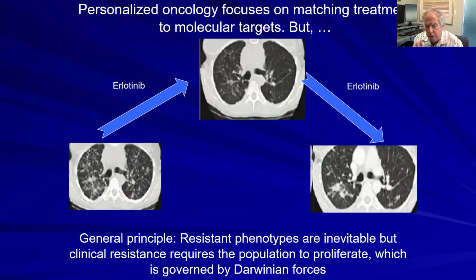The general principle here is that resistant phenotypes are inevitable, and that trying to interact at a specific mechanism of resistance is probably futile because there are probably many of them. On the other hand, the clinically resistant population is typically very small, and so it has to proliferate, become clinically important, and those are governed by Darwinian forces.